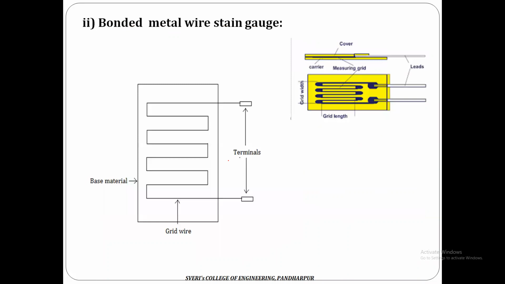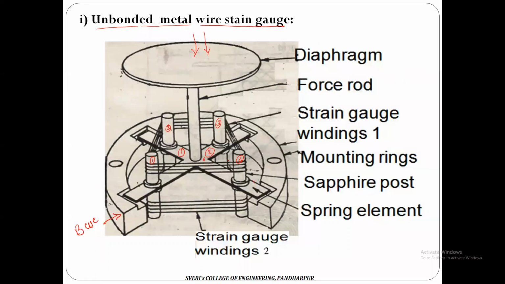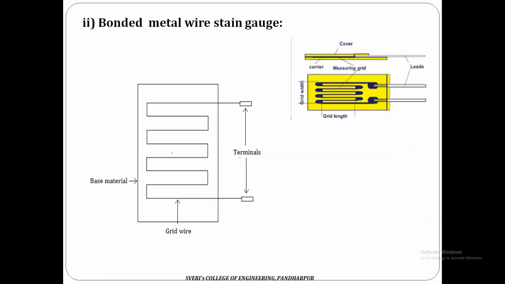Now see the difference here: a wire of small diameter is tightly wound on these 4 points. Is it right? But this is the unbonded metal wire strain gauge, and now you can see the actual picture of a bonded wire strain gauge.